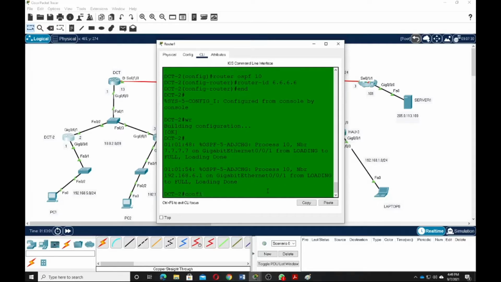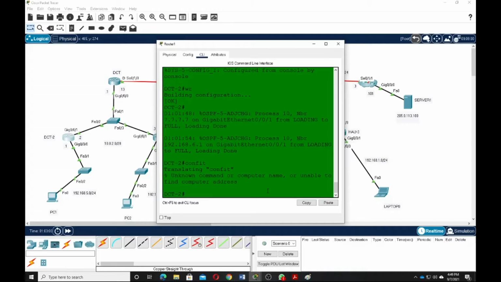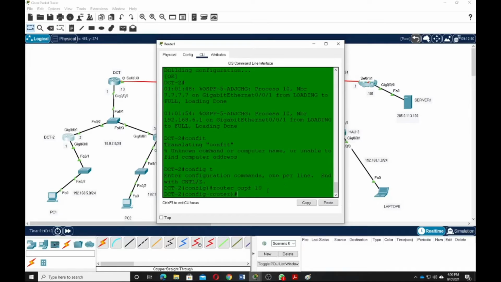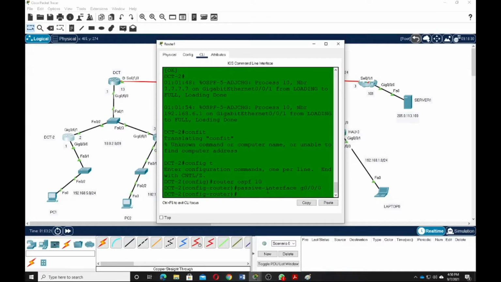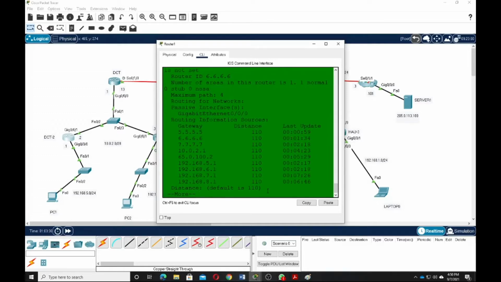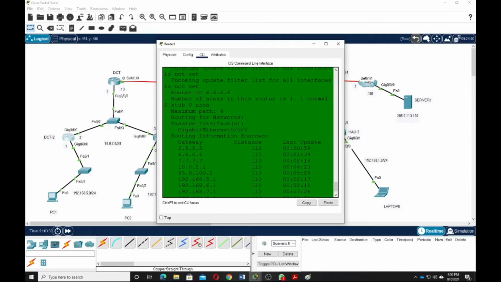So config t, router ospf 10, passive-interface G0/0/0. Okay, and show ip protocols. So it's already passive.